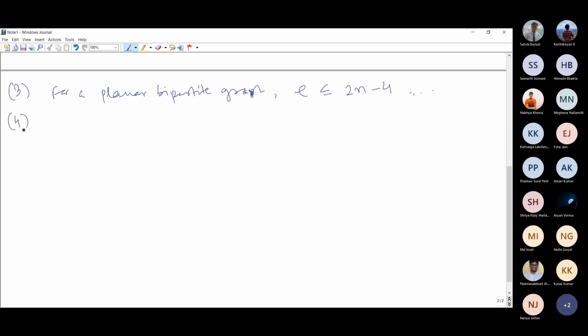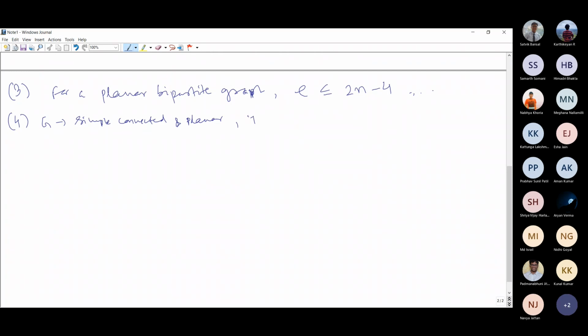Okay, fine. Problem number 4 is also: prove that every simple connected planar graph has a vertex of degree at most 5. Here G is simple, connected and planar.